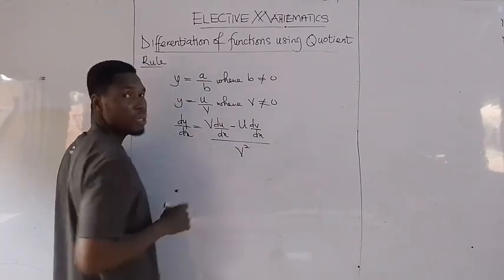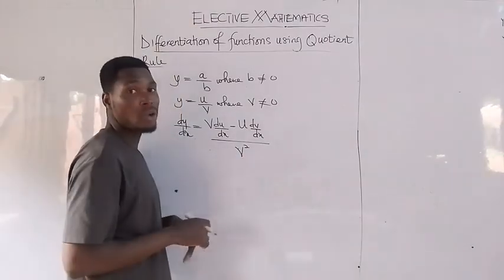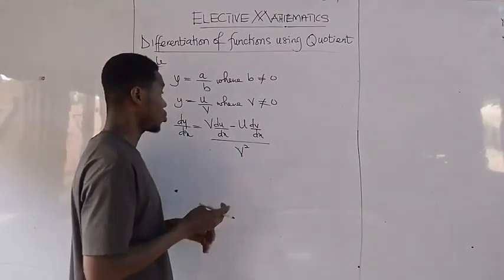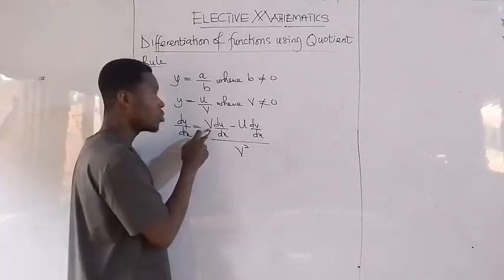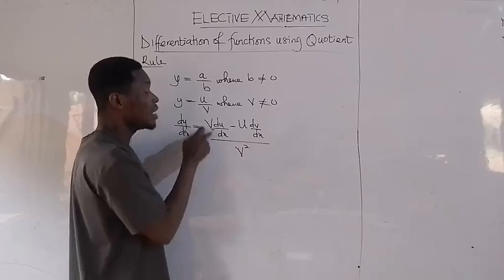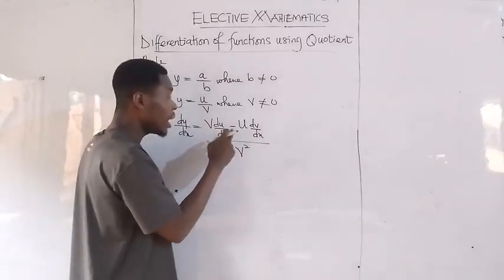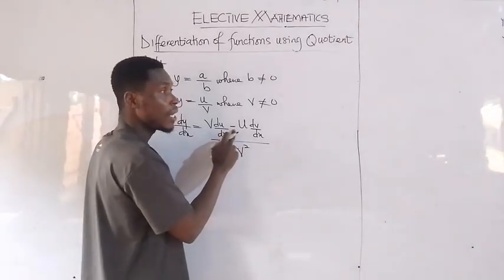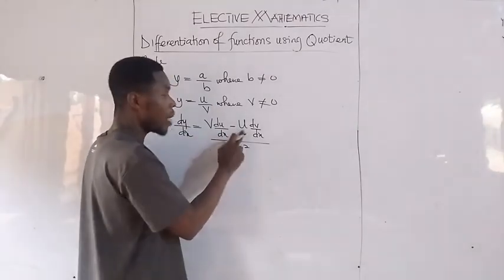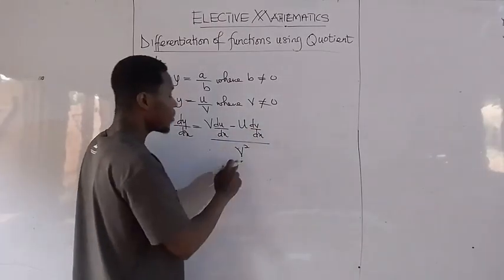So this is the formula we normally use to solve questions relating to the quotient rule. First you take v, then you differentiate u, du over dx. Then minus, you take u and differentiate v, dv over dx, all over v squared.